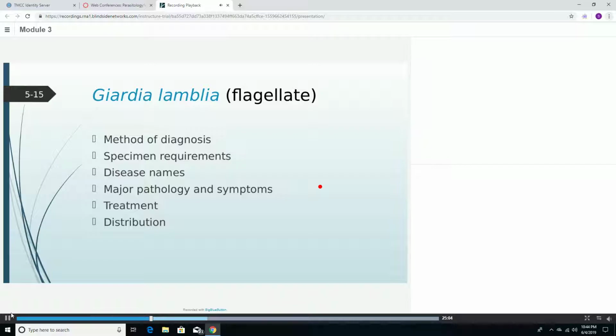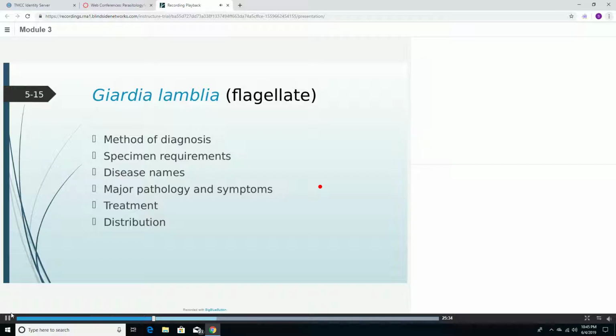It could cause mechanical irritation of the intestinal mucosa with shortening of villi and inflammation of the mucosa. Malabsorption syndrome may occur in heavy infections. Some people may demonstrate an IgA deficiency, or people with an IgA deficiency are going to be more susceptible to this parasitic infection. The stool does not contain red or white blood cells in a Giardia infection.